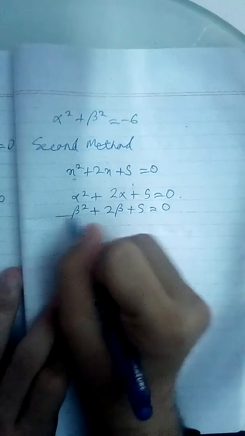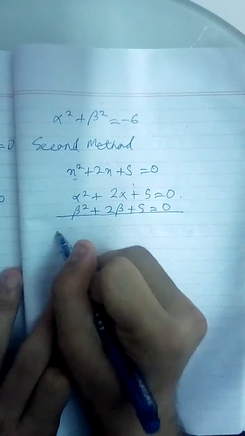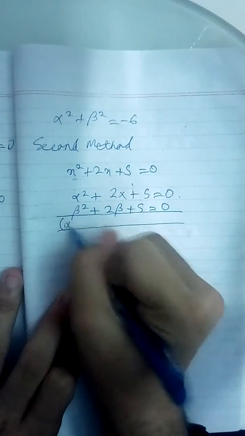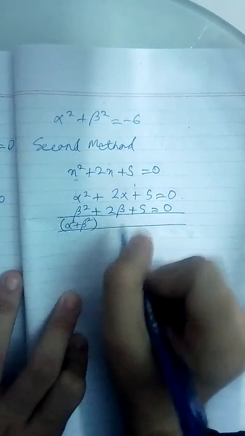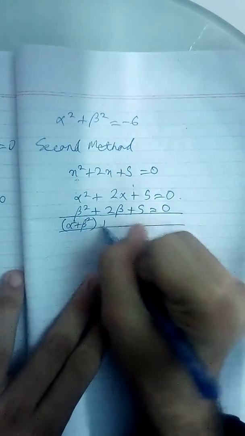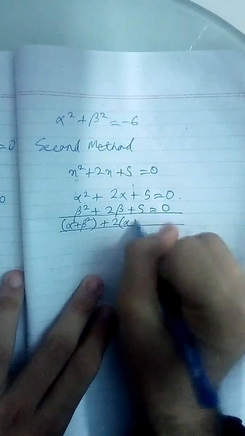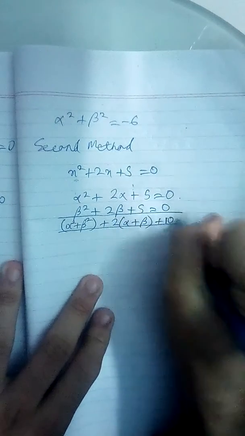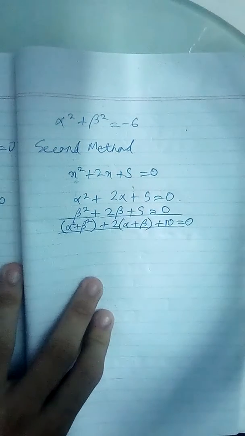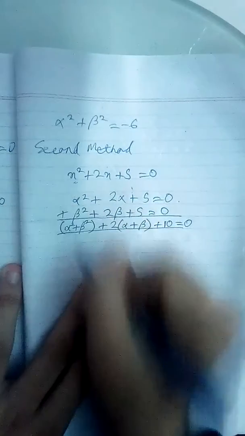Now adding them, we would obtain alpha square plus beta square plus 2 alpha plus beta plus 10 equals 0. We would add both of these equations.